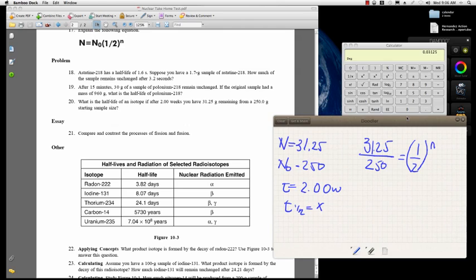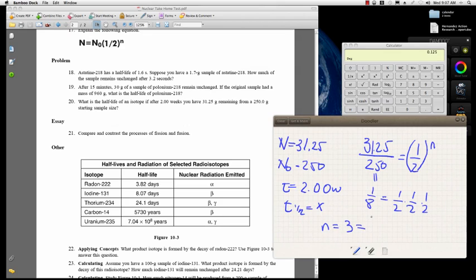If we do 31.25 and divide it by 250, we get 0.125. I believe that could be 1/8, and it is 1/8. So we know that this is equal to 1/8, and we know that 1/8 is equal to 1/2 times 1/2 times 1/2. We're making n equal to 3.